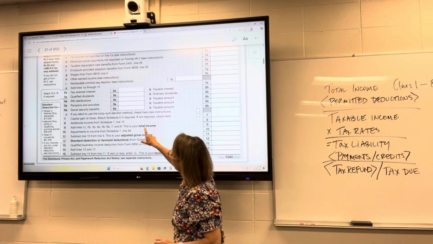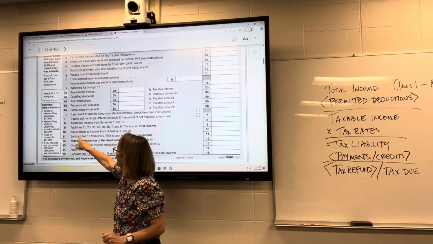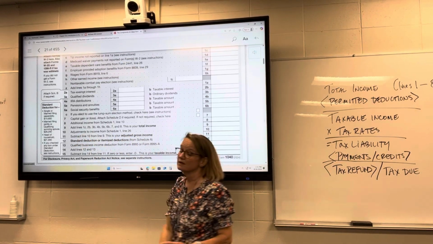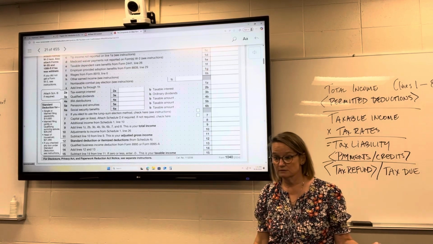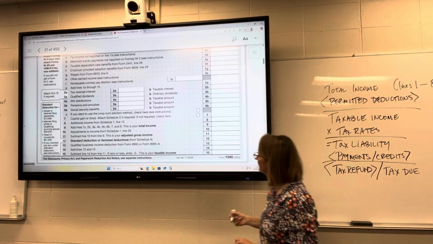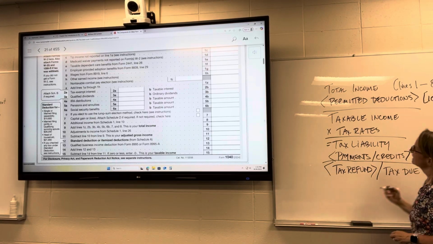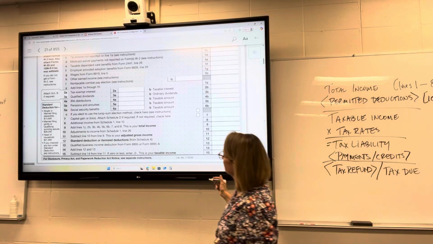So we've got our total income on line 9. Then we have these adjustments to income. It's a type of deduction, so that would be a subtraction. So line 10 is one of those types of deductions.